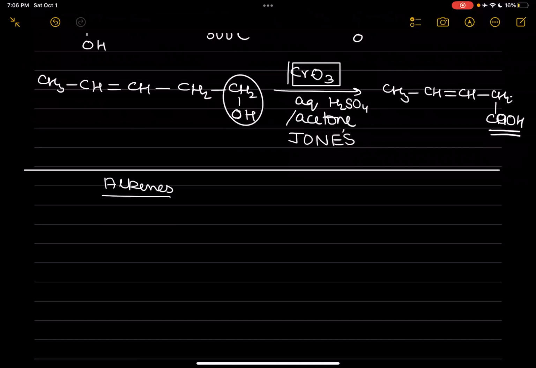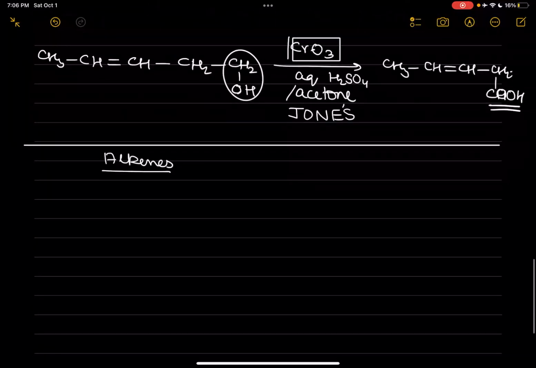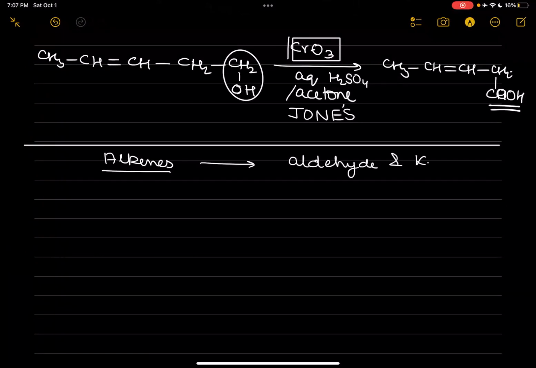That is called oxidative cleavage of alkenes. So alkenes can be converted to aldehydes and ketones by ozonolysis.